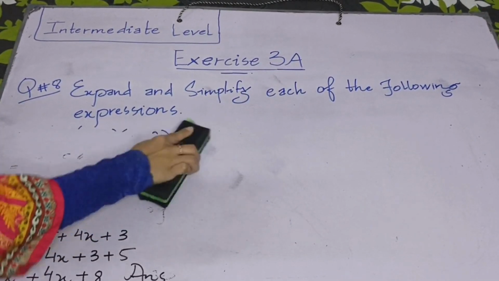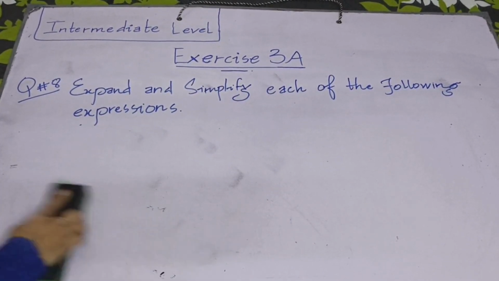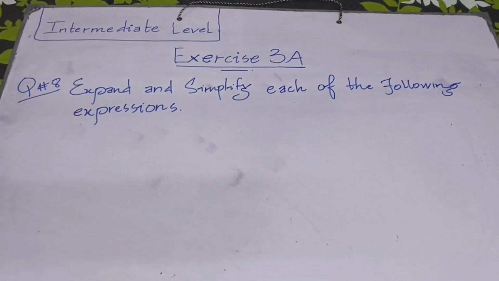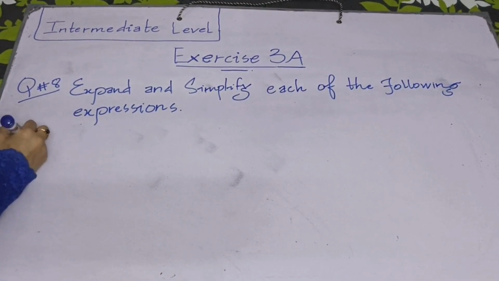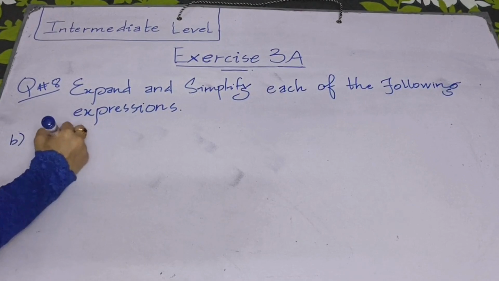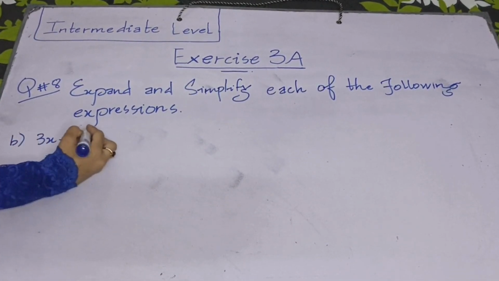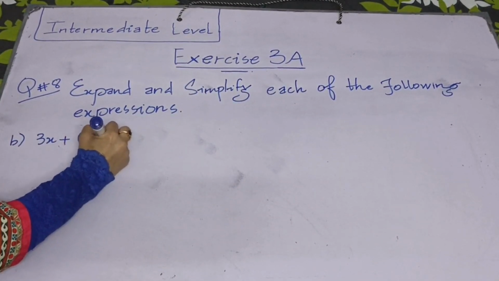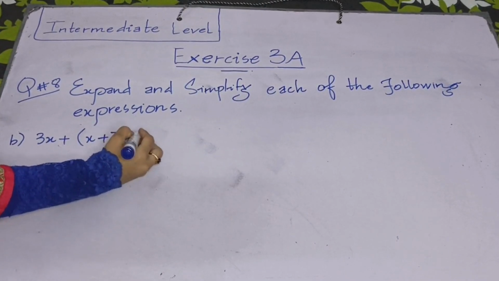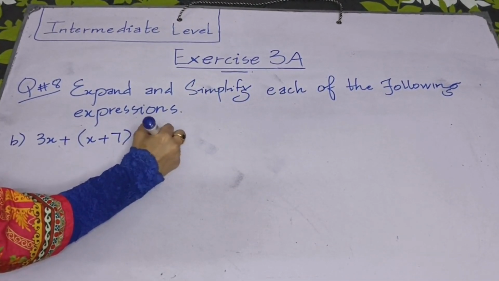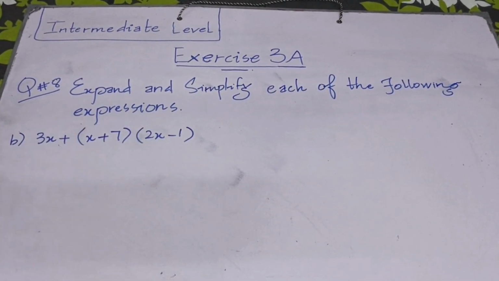Now part B. Now we are moving to part B, which says 3x plus 7 plus x, plus 7, 2x minus 1.